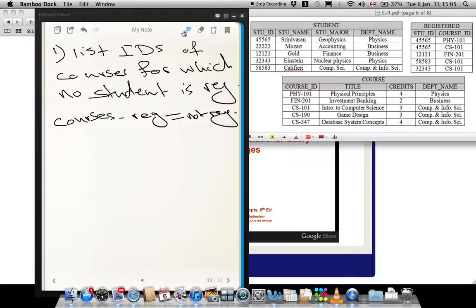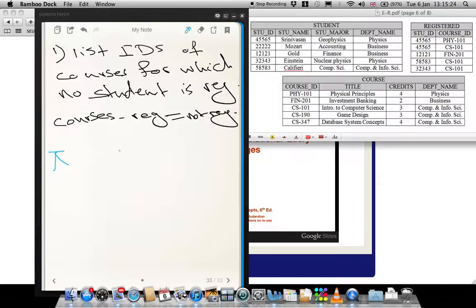Because we're talking about the course IDs, it's a list. The course ID is an attribute, so we're looking at a column, and when we look at columns, we do projection, and we use the symbol pi for projection.